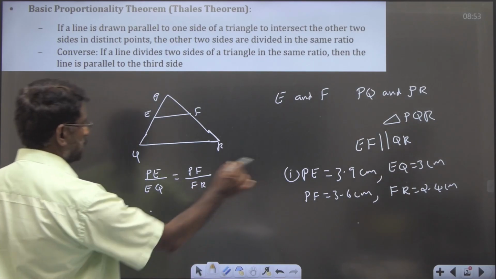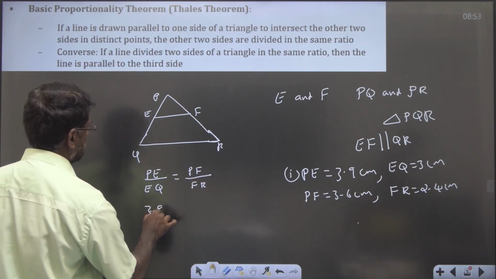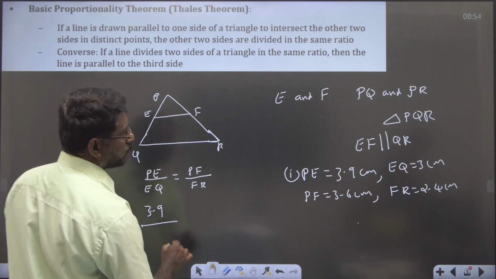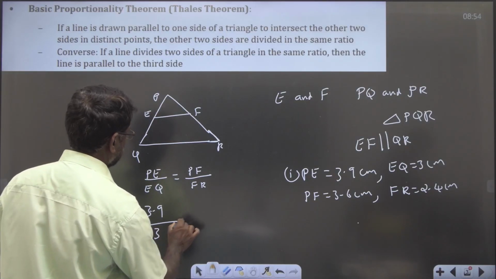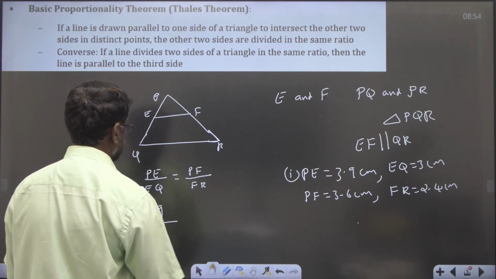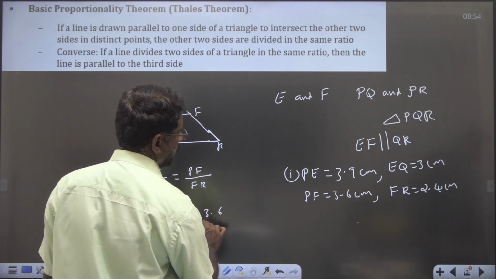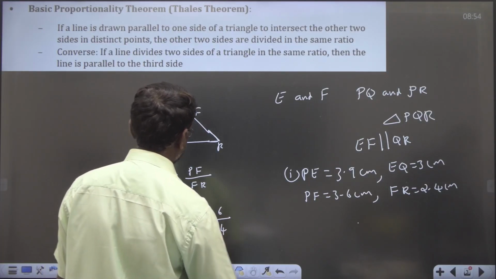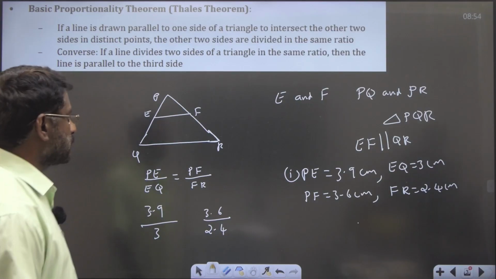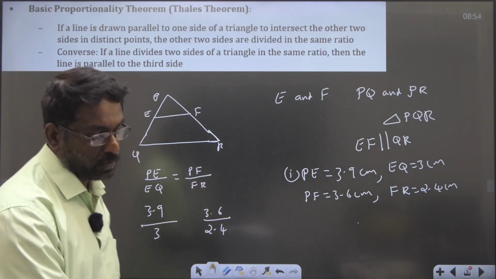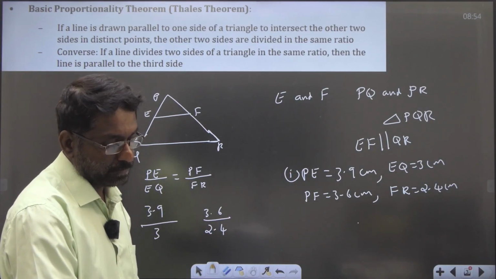That is 3.9 divided by 3, and PF 3.6 divided by 2.4. If it is equal, we can say that they are parallel. If it is not equal, they are not parallel.